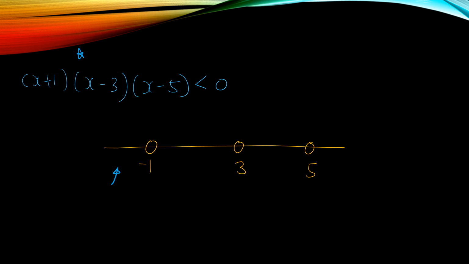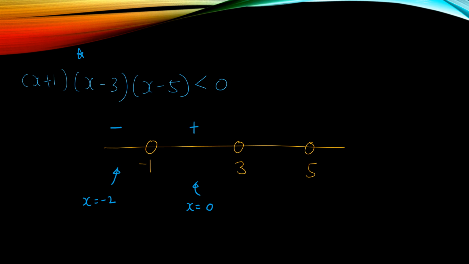For example, on the leftmost interval, you can try to sub in x as negative 2 into the original expression. If you press your calculator, you will get a negative value, so we put a negative sign here. Then between negative 1 and 3, we can sub in x equals 0, and you can quickly calculate that you get a positive 15. So it's a positive value, put a plus sign.